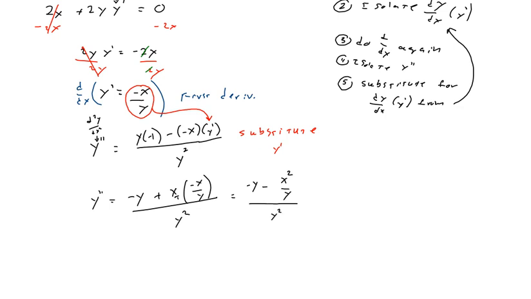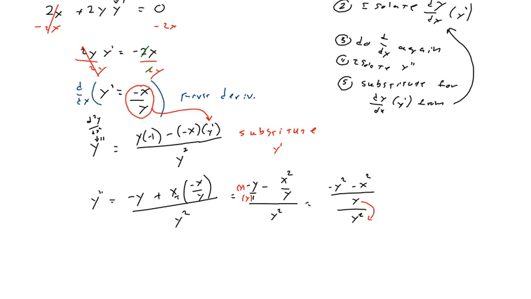And again, I don't really like the fraction over a fraction stuff, so if I make this over 1, multiply both of these by a y on the top and the bottom, I'm going to get negative y squared minus x squared over y squared. This y then goes in the denominator, so that's my denominator y.